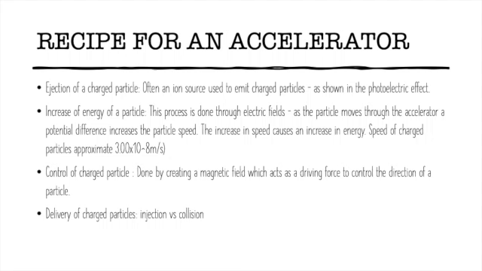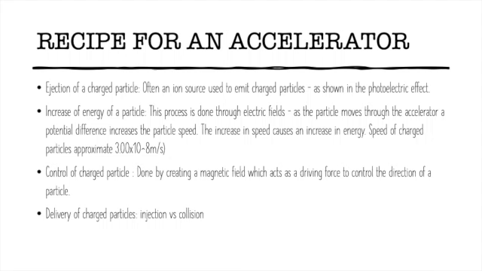The second is that you want to increase its energy. This is always done by running it through a potential difference. Each time it undergoes a potential difference, it gets a slight increase in energy and an additional jolt of speed. The third principle is that you want to be able to control the particle and not lose your particles during this process.